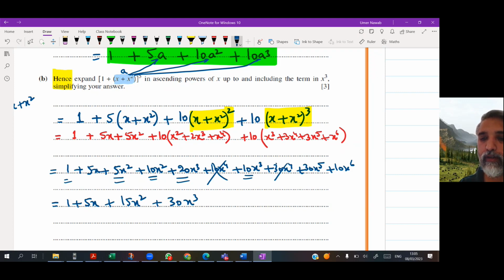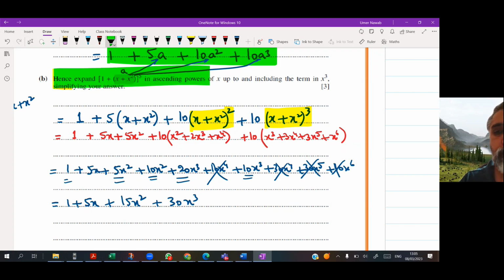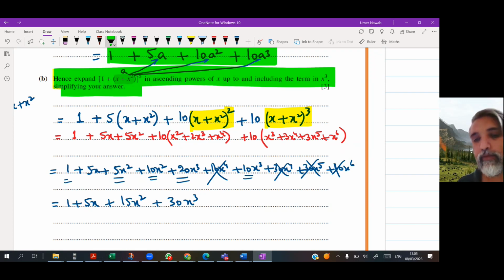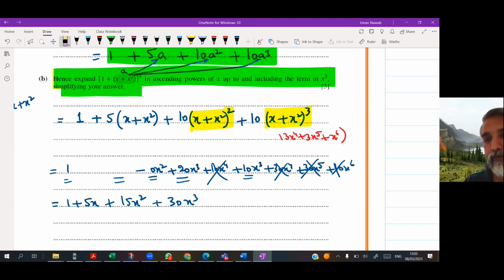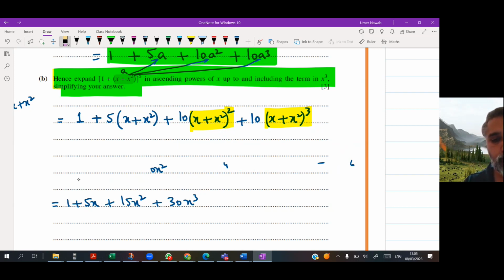I don't need these terms in the expansion. Another thing which I have noticed just now is that the examiner is not interested in all the terms of this expansion. So here I can also save your time. Let's redo the question.